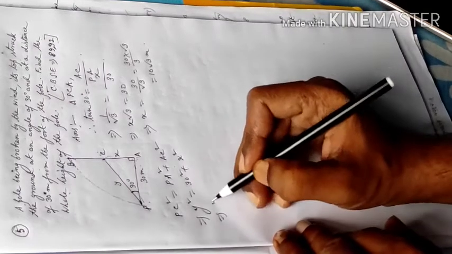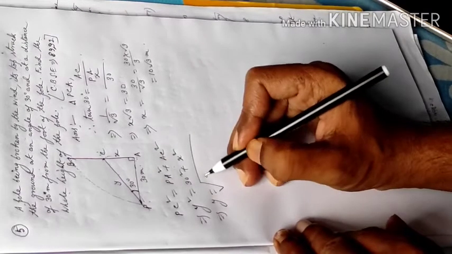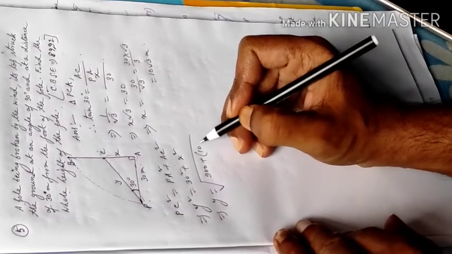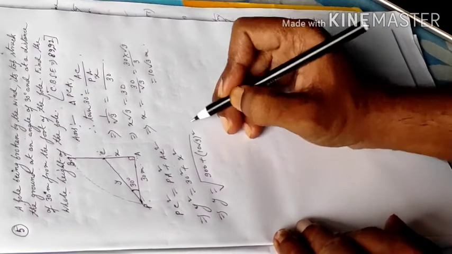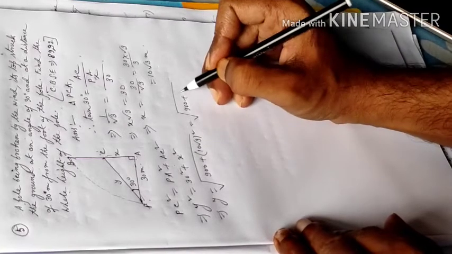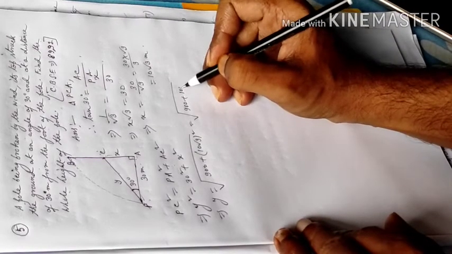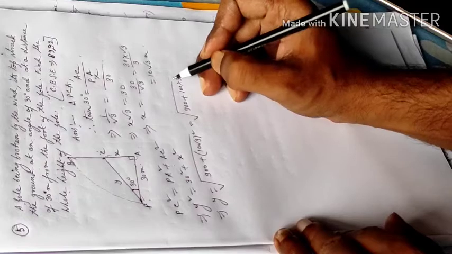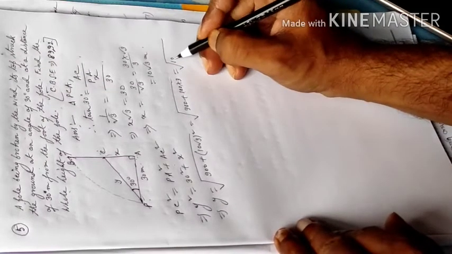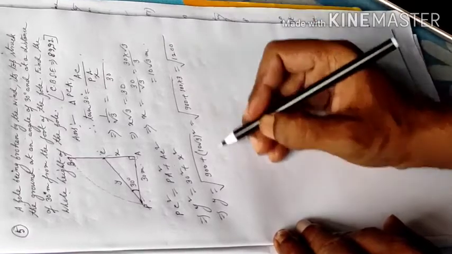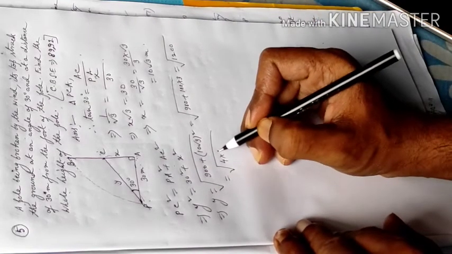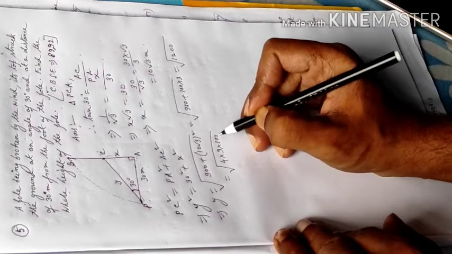So y is equal to root over 900 plus x square, that is 30 plus 10 root 3 square, which is root over 900 plus 100 into 3, which is root over 1200, which is root over 4 into 3 into 100.